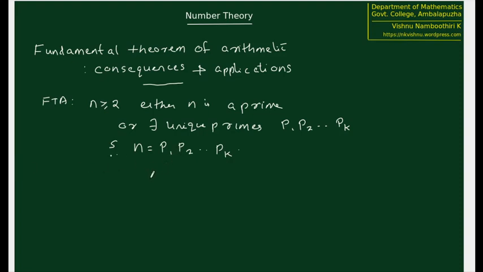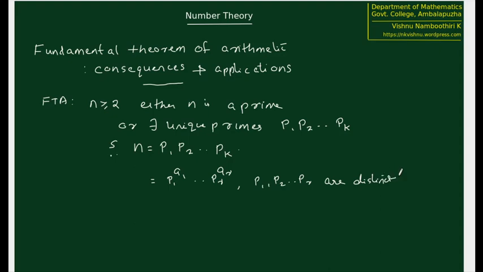Now suppose that we collect all the primes that are equal, and we raise the power of each prime corresponding to the number of appearances of that prime, in the form p1 raised to a1, etc., pr raised to ar. Then p1, p2, etc., pr are distinct.